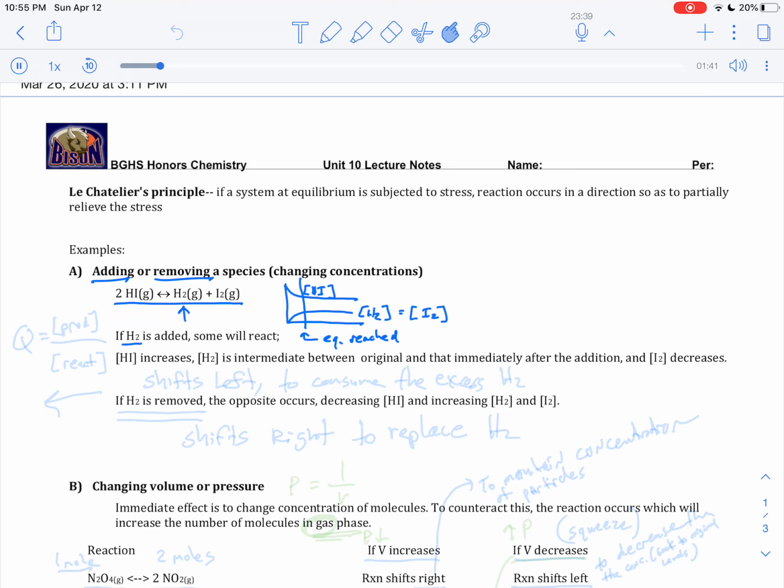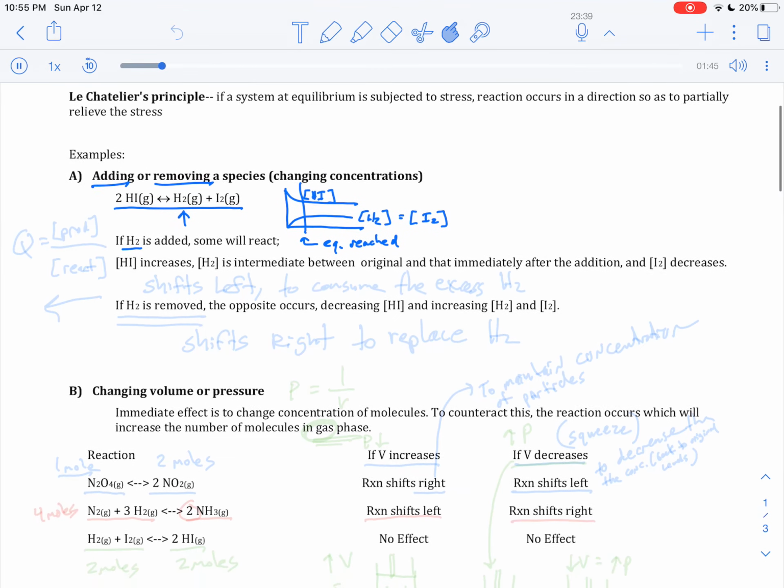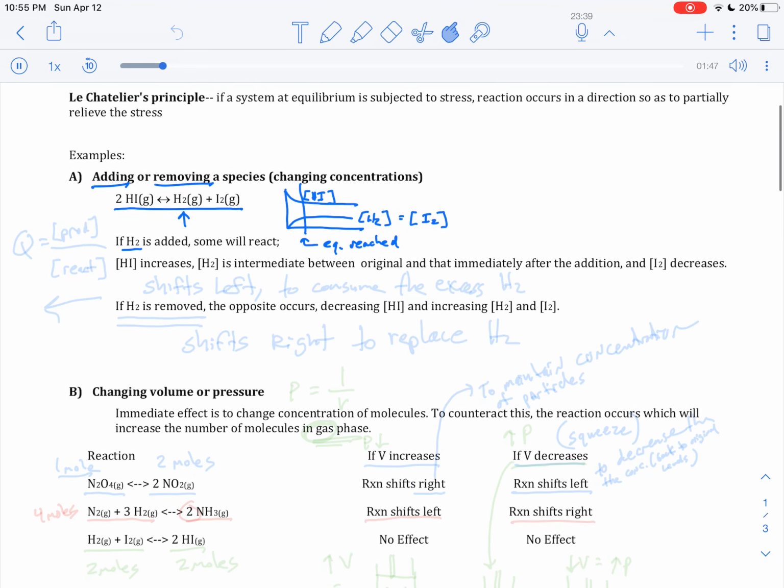Now we have more hydrogen than this system is used to having at equilibrium. Hydrogen is a product, so think about what happens when you have too much product. In terms of Q, too much product means the reaction will go backwards.